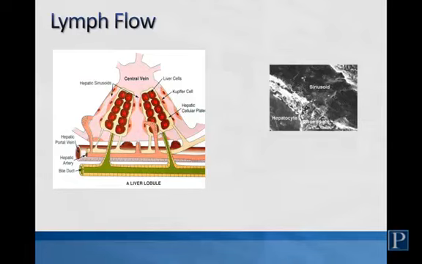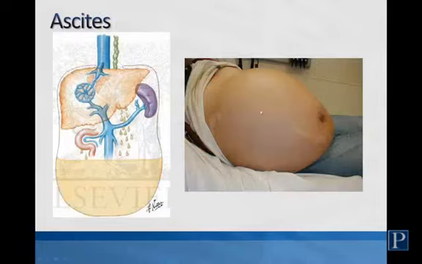That's a lot. So what happens if you have, say, high pressures in the hepatic veins? A lot of excess fluid is going to be forced into the peritoneal cavity, across the serosal surface of the liver and the viscera, and you can end up with what you see here, ascites.